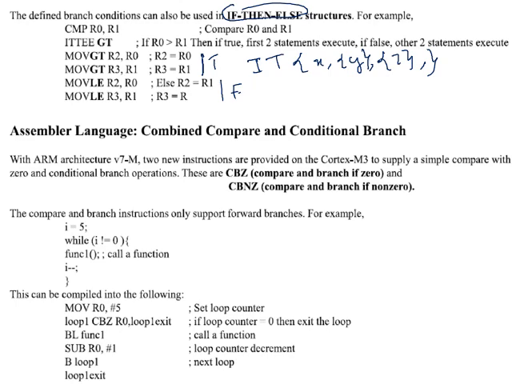Other than these conditional or unconditional branch instructions, we have a few more conditional branch operations which look into the value of 0. Those are CBZ and CBNZ. CBZ is compare and branch if 0. If it is not equal to 0, we use CBNZ.